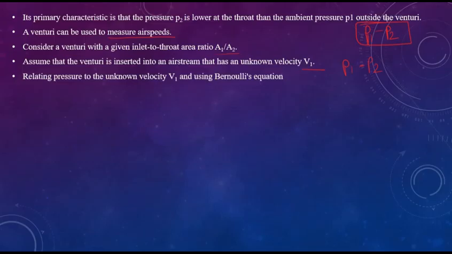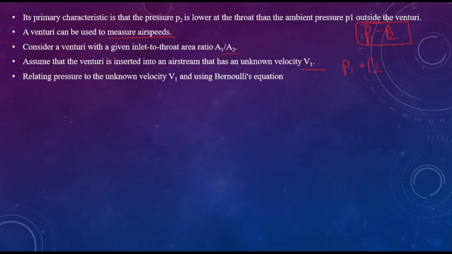Now, how do we measure this pressure difference in actual practice, since we are talking about measuring a pressure difference, right? How do we go about that? So what we do is, usually we place a small hole or pressure tap in the wall of the venturi at both the inlet and the throat and connect the pressure leads, that is the tubes, from these holes to a differential pressure gauge.